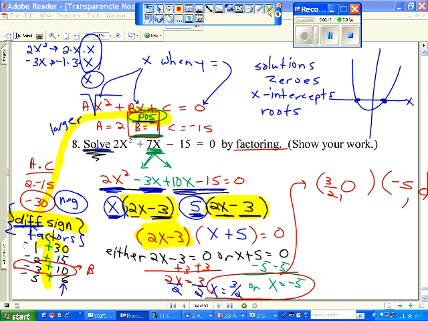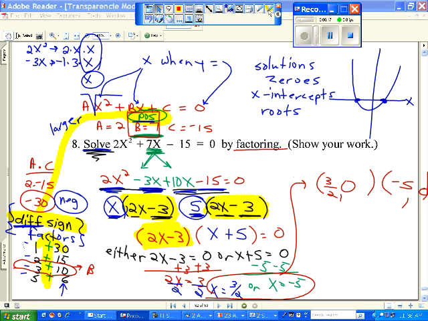So we could have written them as ordered pairs, right? Any questions on number 8? Solving a quadratic by factoring. Okay, that was on page 213 and then 214. Very good with number 8.